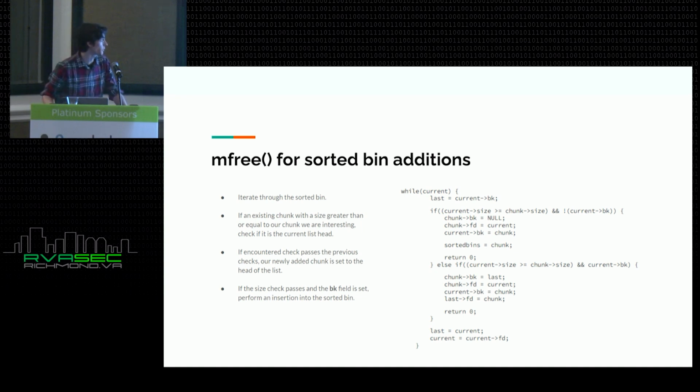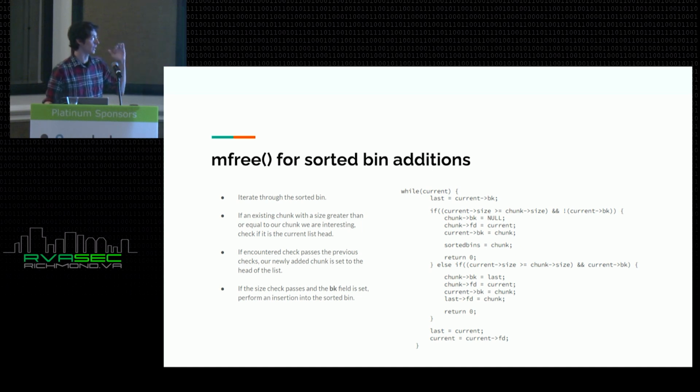So let me break it down a little bit better than that. The first if statement looks at the size of the chunk that we're evaluating in our list, and asks: is that greater than or equal to the size of the chunk that we're inserting? If it is, and the back field of that chunk is not set, then this goes at the head of our list, so we set the new chunk's back field to null.